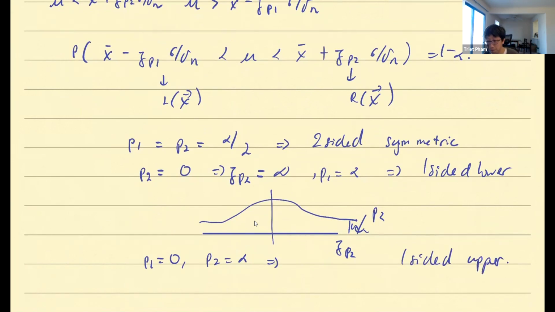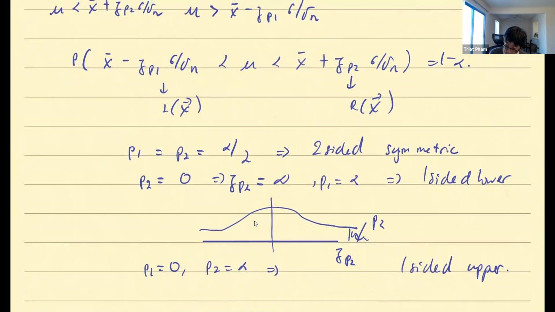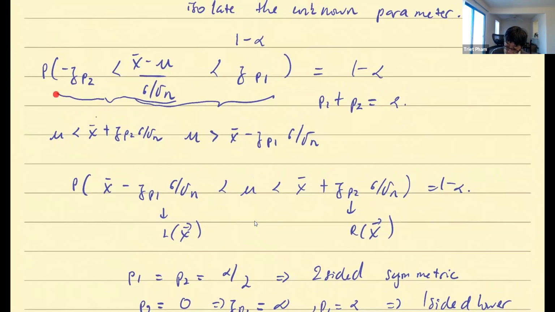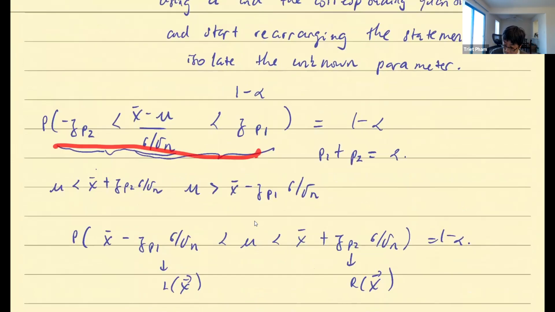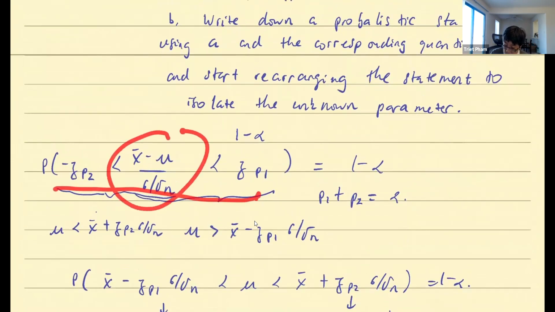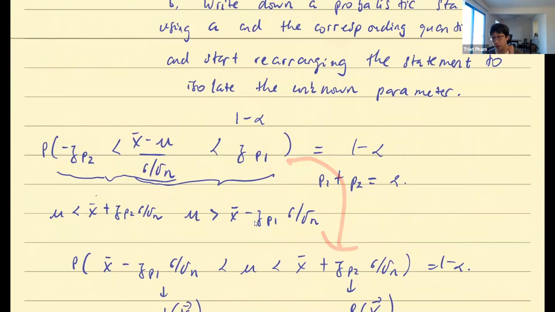Is that okay? But you see, it all comes from the probabilistic statement involving the pivot random variable. That's it. The rest is just algebra. Any question?